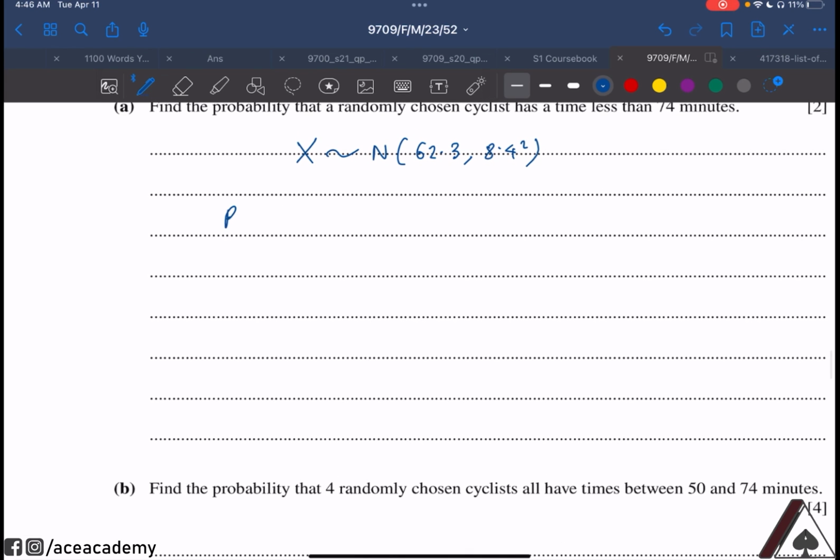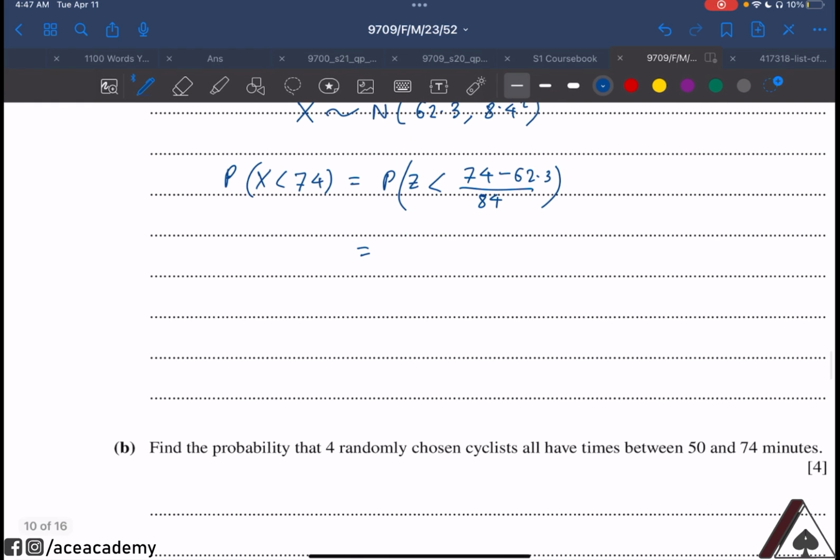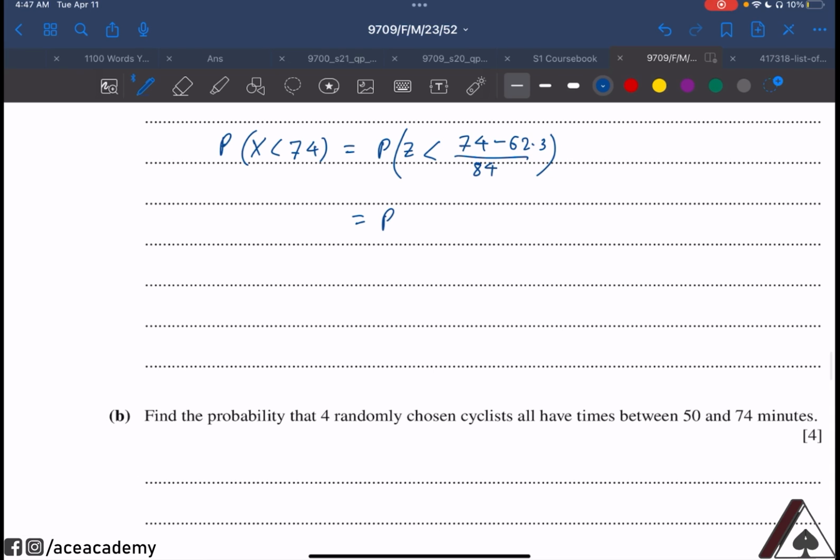Okay. The probability of x less than 74 is the probability of z less than (74 minus 62.3) by 8.4, which is probability of z less than 1.393.